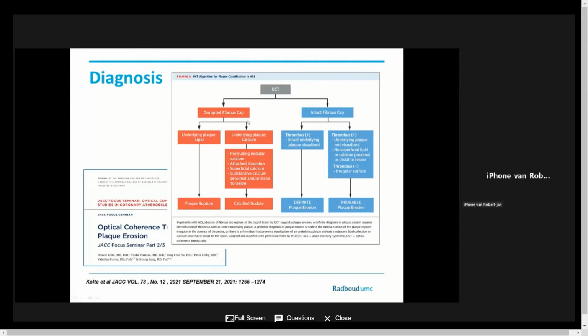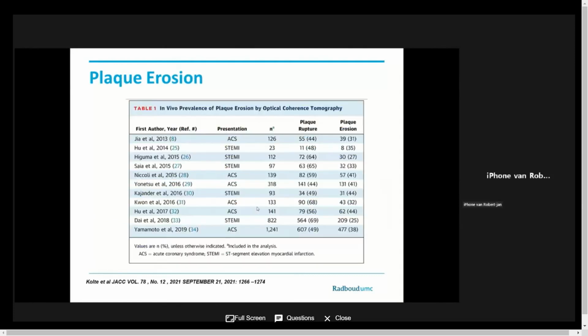Within the ruptured plaque, you can see just a lipid pool, or an underlying plaque with calcium protruding, and then we come up with the diagnosis of the calcified nodule. So I think the anatomy is here leading in what is the mechanism of your ACS, and potentially also gives you some different options to treat the patient.